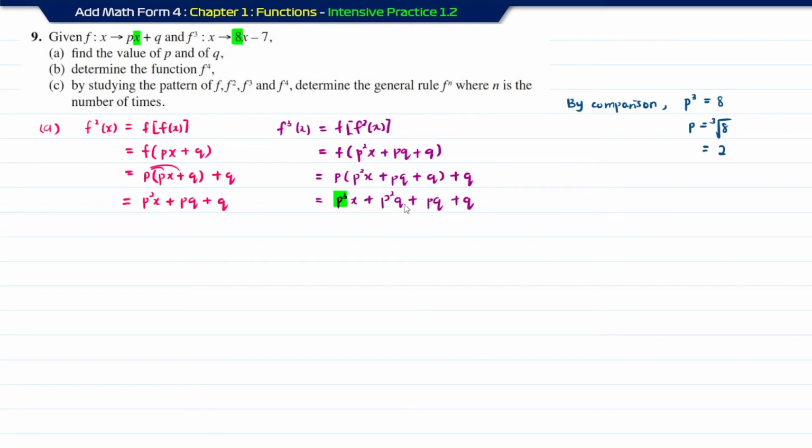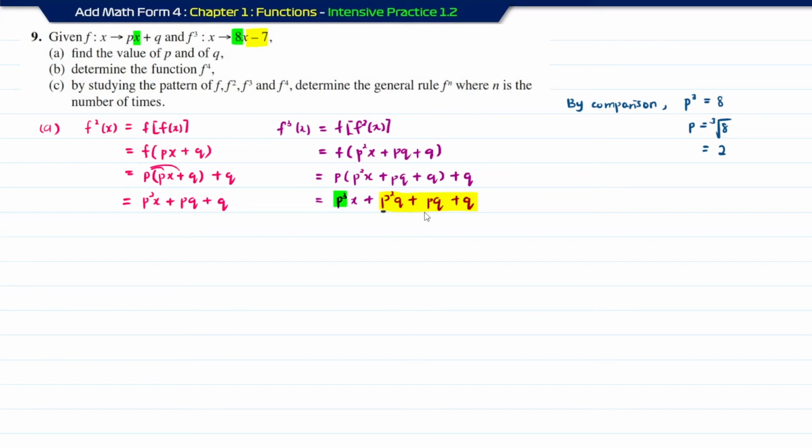Now for the other part, which is p square q plus pq plus q here, it is equal to this negative 7. As we know p is equal to 2, we can replace the p with 2 straight away in order to find the q.